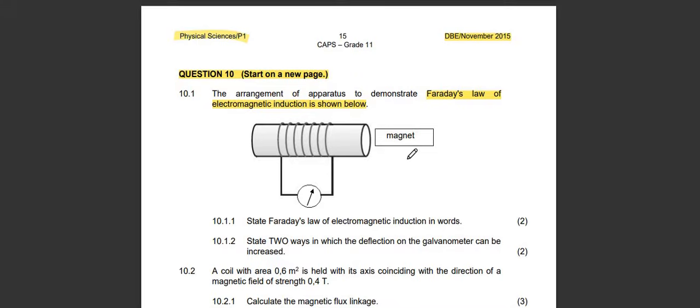The first thing that most of us are familiar with is your magnet. It's a bar magnet, and what we know about bar magnets is that they produce a magnetic field around them. In this situation, they didn't indicate which part is the North Pole and which one is the South Pole. It doesn't matter.